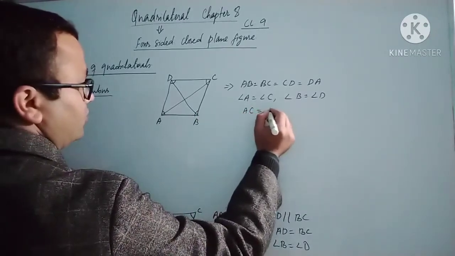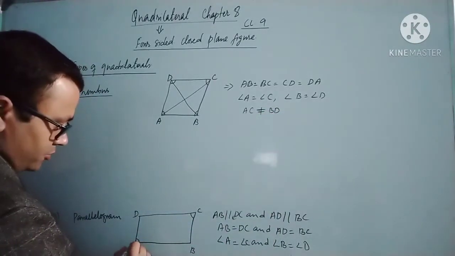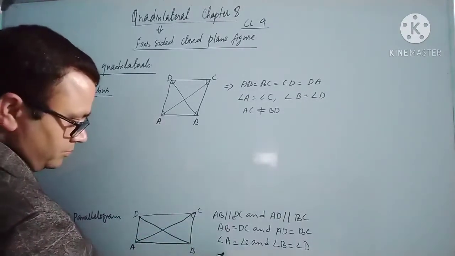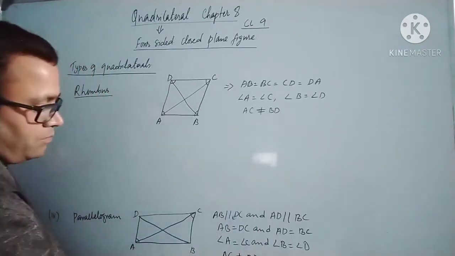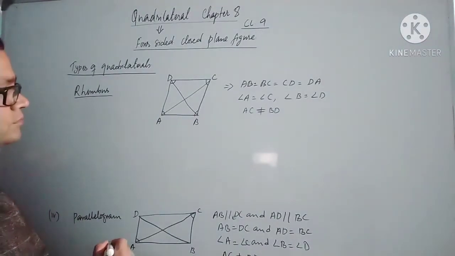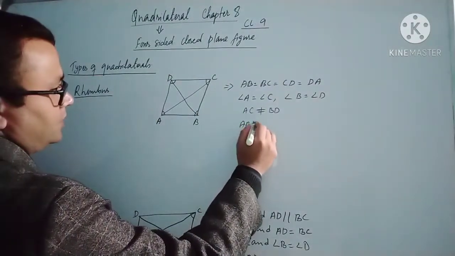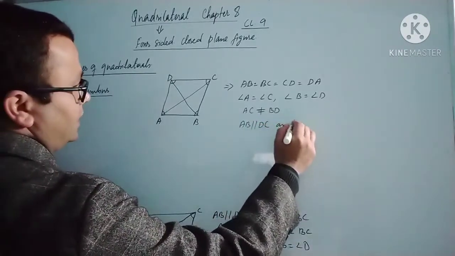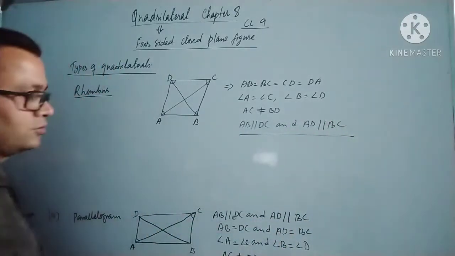AC is not equal to BD. In parallelogram also the same case, diagonals are not equal. And AB is parallel to DC and AD is parallel to BC. So these are the properties of rhombus.